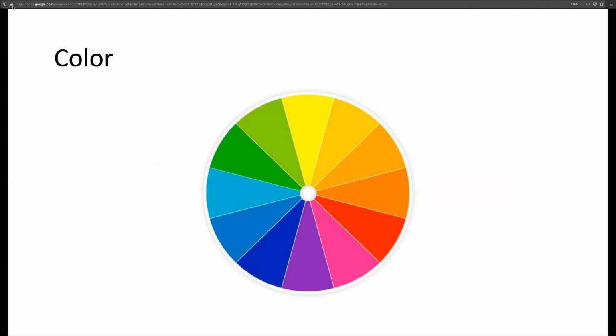And then color is the most powerful, I say, because people have visceral responses to color. There are definite associations that we can make with color, and we can pull on people's heartstrings and emotions by our use of color.